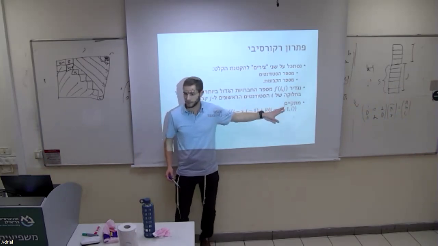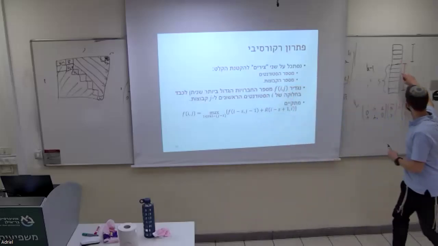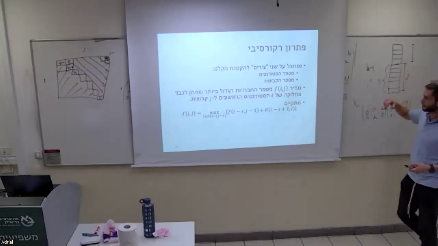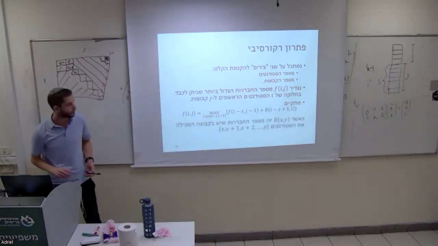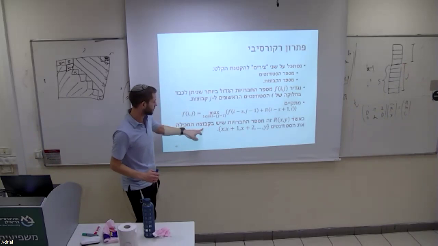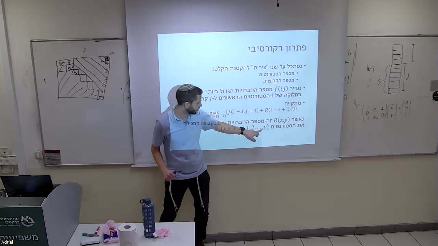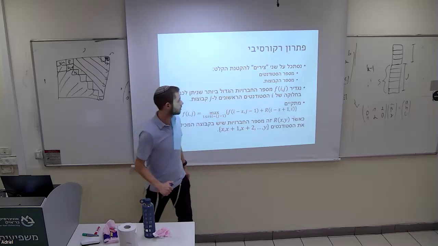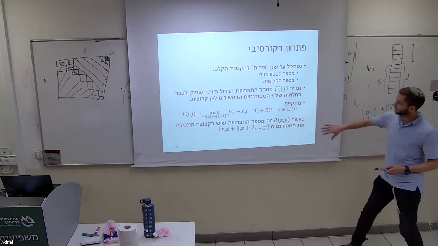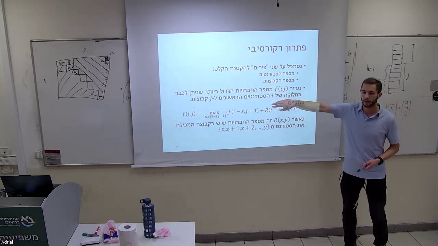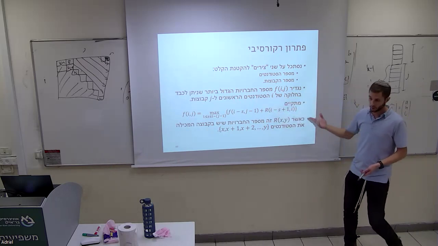R is going to be the amount of friendships that are still kept in that new class we created in J. R of X, Y is the number of friendships in the group that contains from X until Y. We need to still define it, no? We didn't compute it yet. We're saying, given this, we can do this dynamically, but we have to somehow compute this. We'll get to that after.